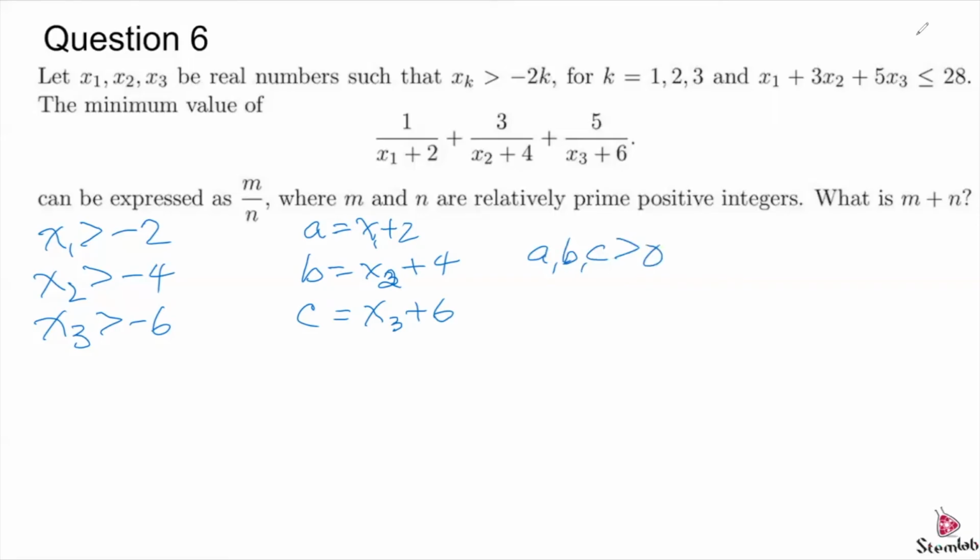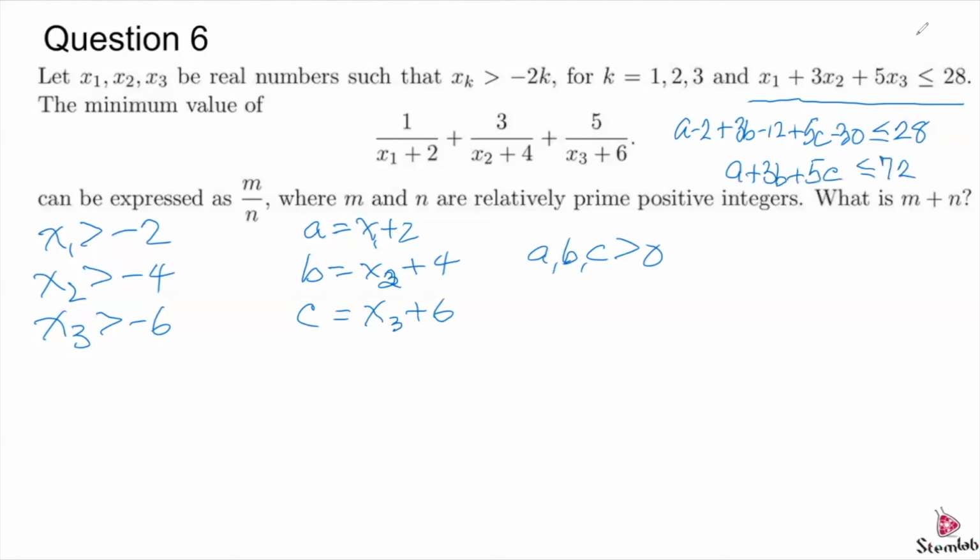Okay. So now A, B, and C will all be greater than 0. So plugging that into here first, we get A minus 2 plus 3B minus 12 plus 5C minus 30 is less than or equal to 28, or A plus 3B plus 5C is less than or equal to 72.